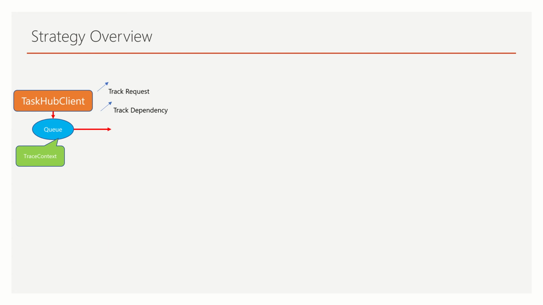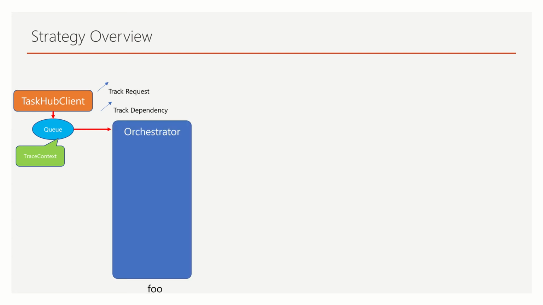This queue message is sent to the orchestrator. The orchestrator polls this queue and catches it. When the orchestrator receives the message, it starts the first function. The first function does not track the request and dependency telemetry at this time, but instead creates a new trace context inside of it and sends it to the queue.